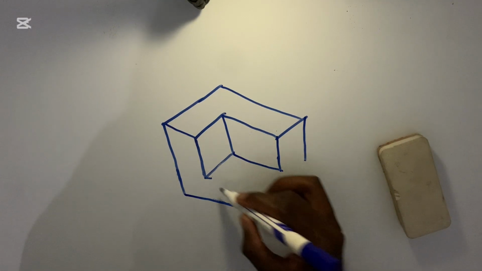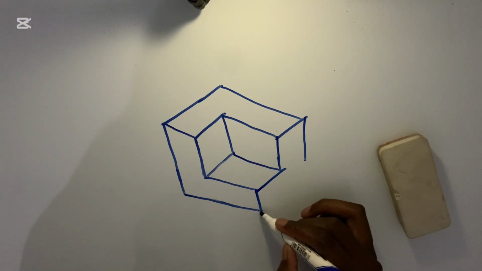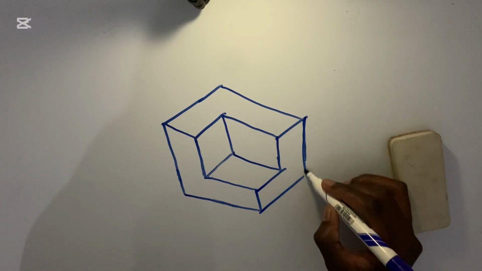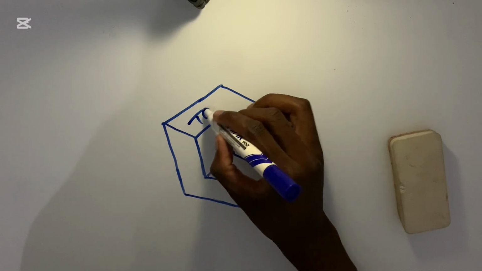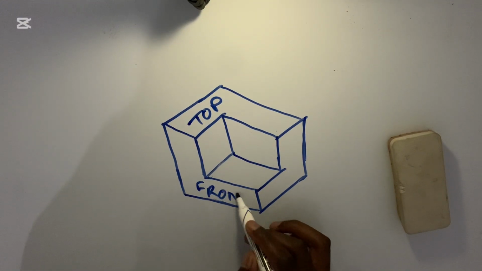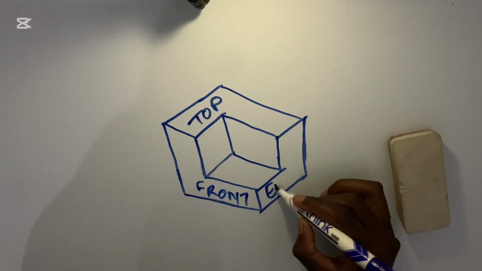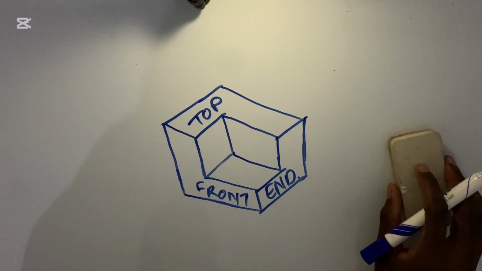The plane of projection is like the paper, where you are supposed to be drawing. Most planes of projection are vertical. We say they are vertical even if you're drawing on a horizontal surface. So we have our top, front, and end elevation.